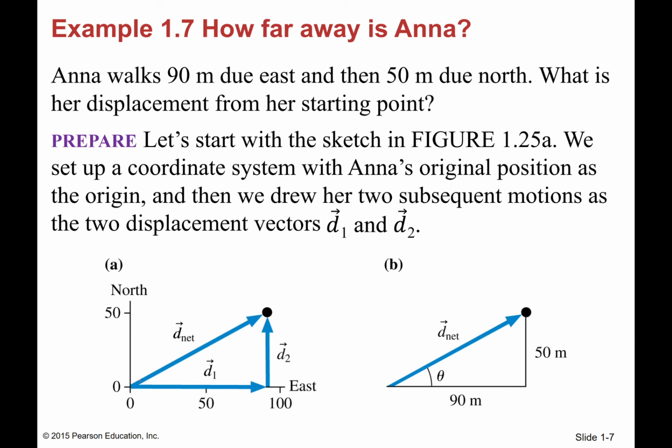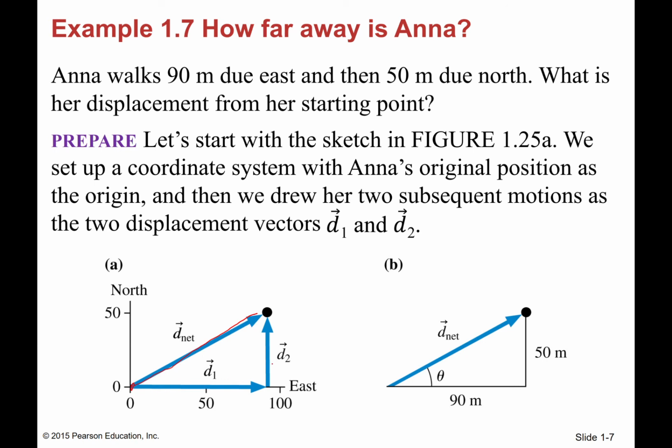So the resultant vector, the net vector, is this one that goes from 0 all the way here. That is the displacement vector, and we would like to know how far she's gone from 0. That means finding the length, the size of this vector. To find the size, we're going to use Pythagoras. We realize that this is a triangle here.